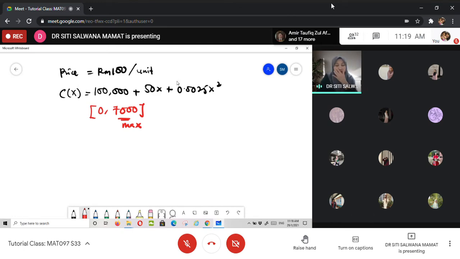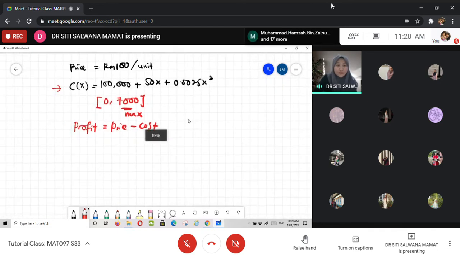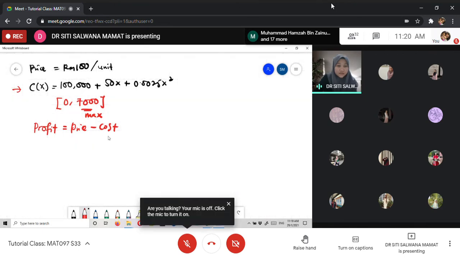Okay, sekarang kita nak dapatkan profit yang maximize. So from here, this is the cost price, this is you punya cost of production. So, how can you calculate profit? Profit actually is equal to price minus cost kan? Betul tak guys? Profit is price minus cost.